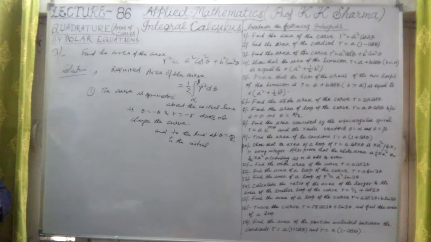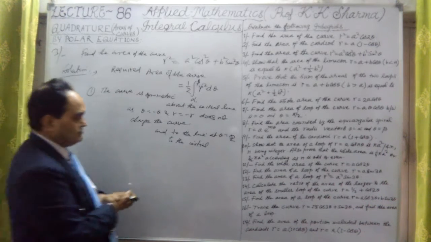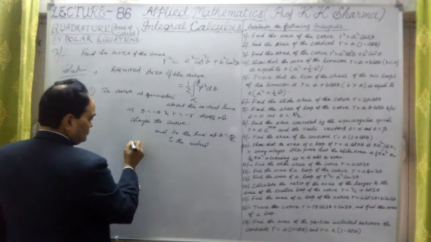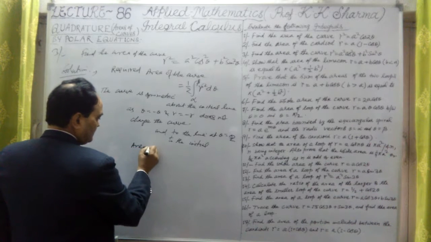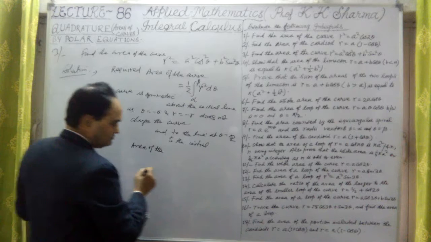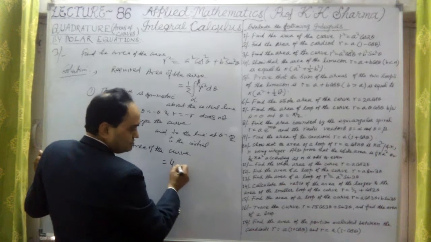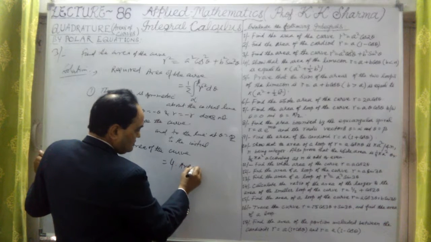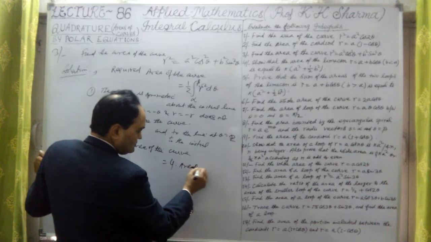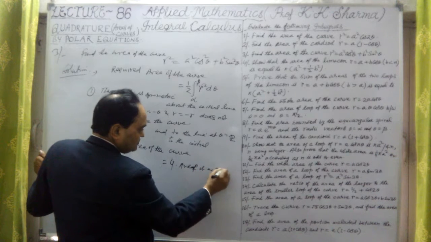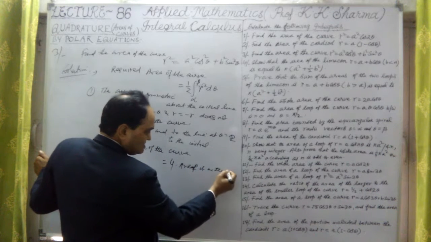Now the next thing is the area of the curve. If we have to find the area of this curve, it is equal to 4 times the area of it in the first quadrant.